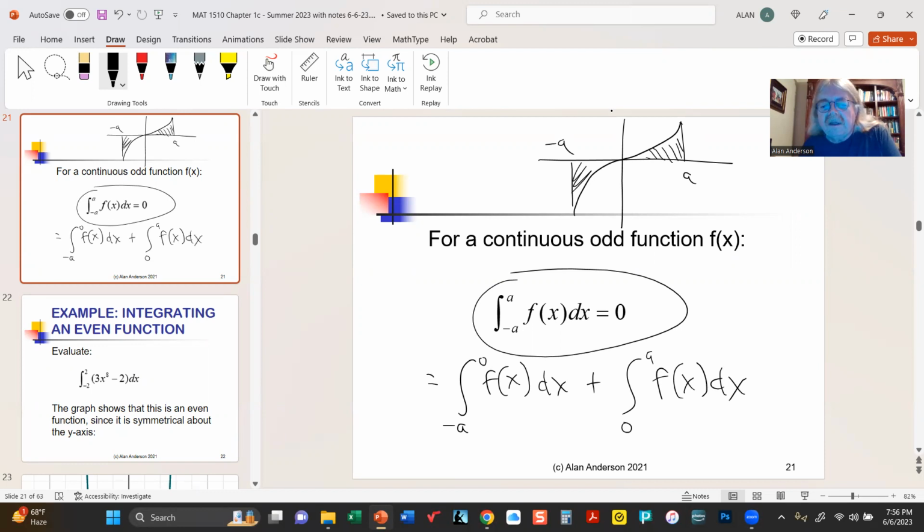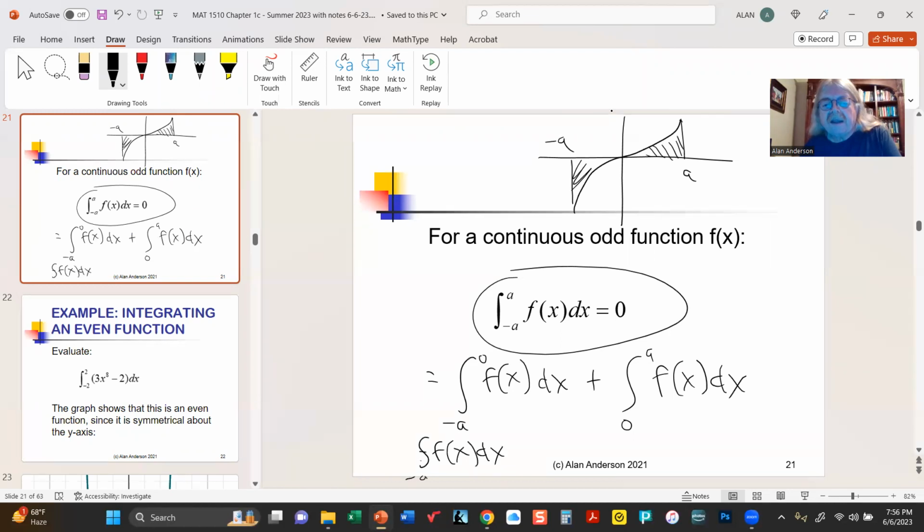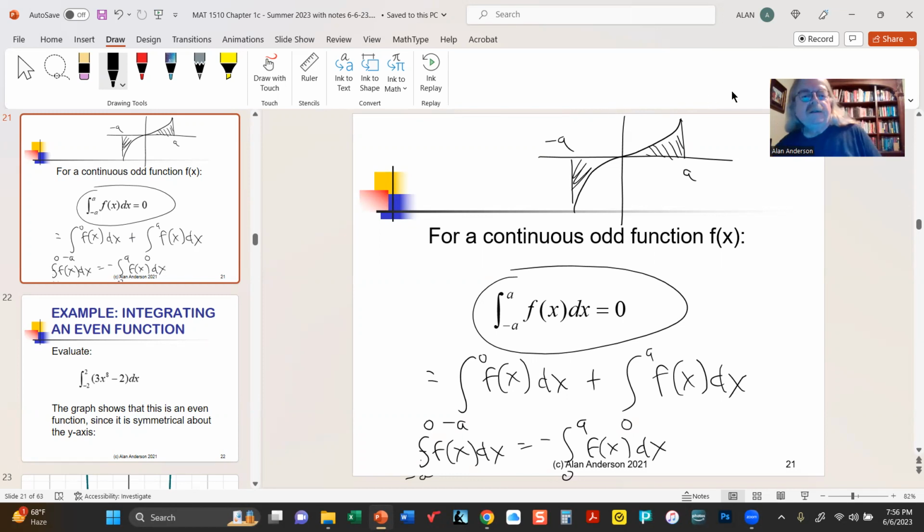But one of them is they're negatives of each other. The integral of f of x dx between negative a and 0 is the negative of this one, and that's why this is happening.